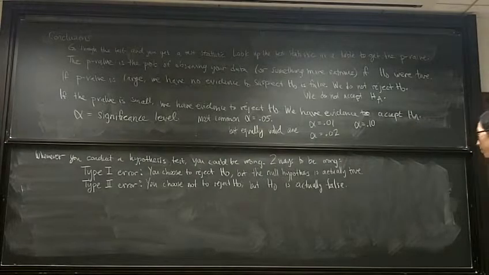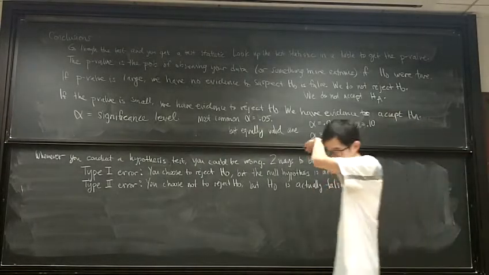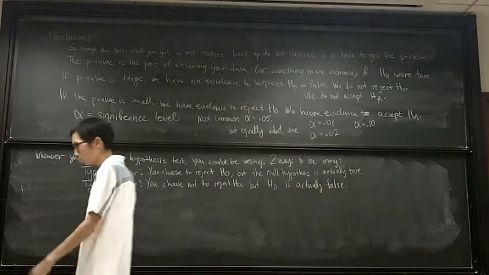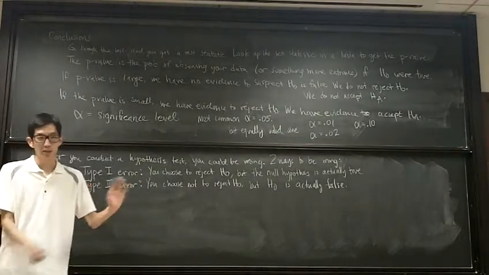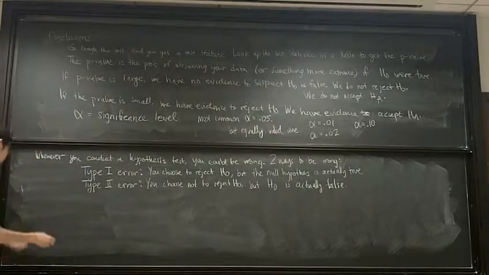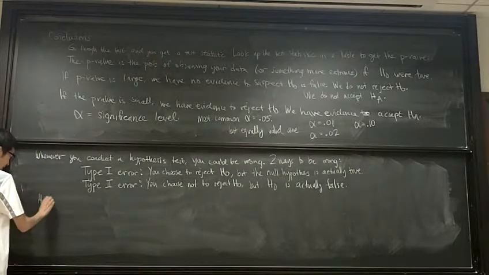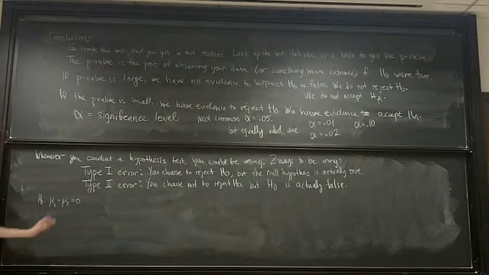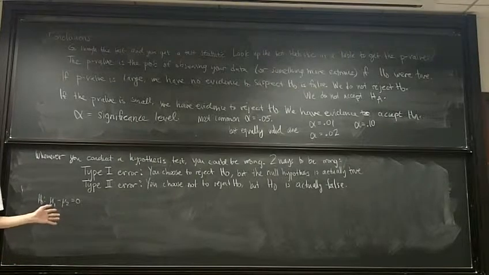Let's say we did that toluene in the rats and the norepinephrine test. The null hypothesis was that mu1 and mu2 are equal, that there's no difference between the rats with toluene and the control rats.